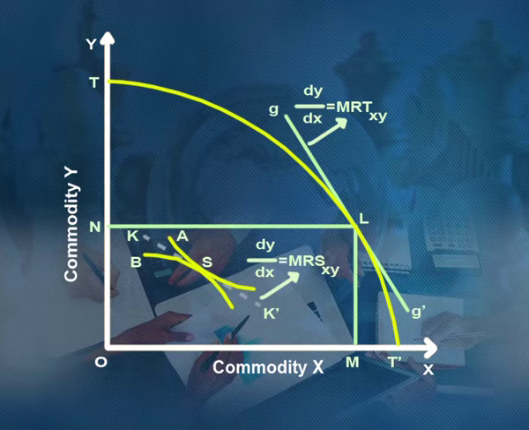In response to this disequilibrium situation and to maximize profits, the producers tend to produce more of Y and less of X, and the process of adjustment in output mix will continue until the MRTXY in production is brought into equality with MRSXY of consumers.